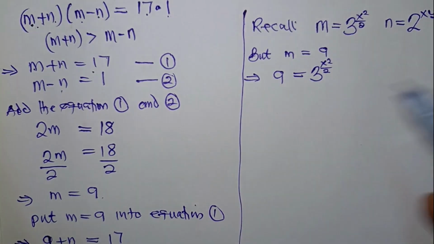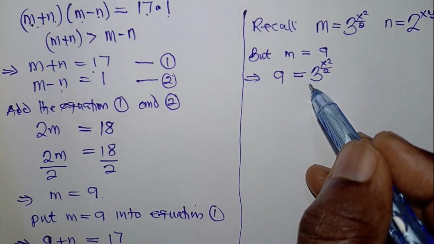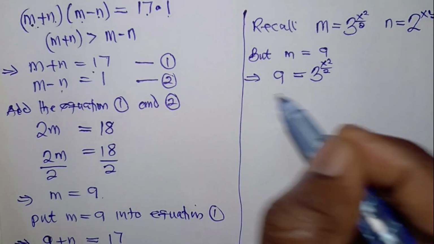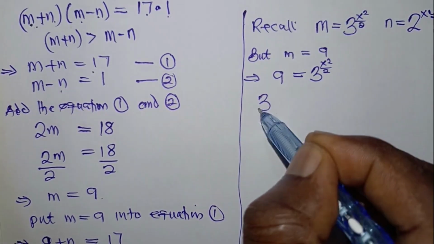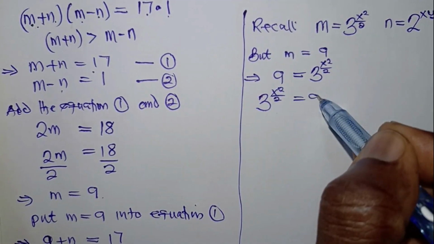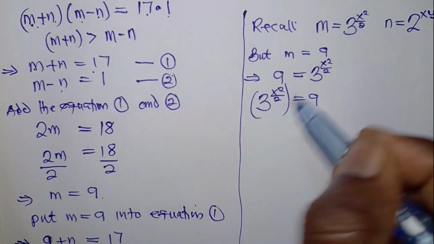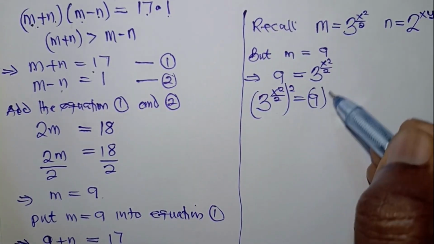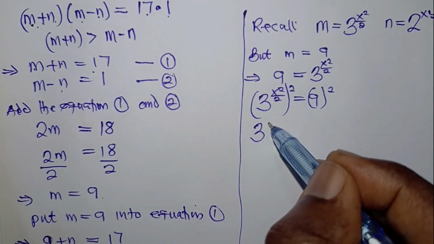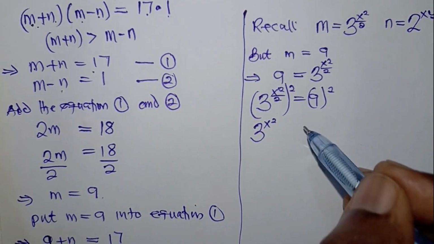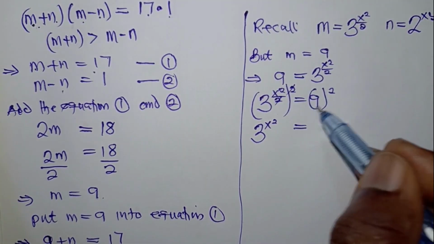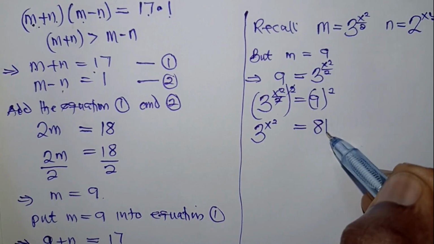So we can solve this equation by, first of all, squaring both sides. Let's rewrite this in an orderly way: 3 raised to the power x squared over 2 equals 9. Let's square here and square here. This cancels the half, and 9 squared gives us 81.